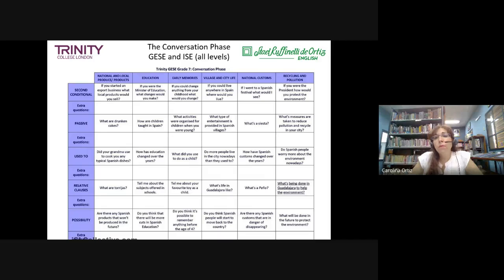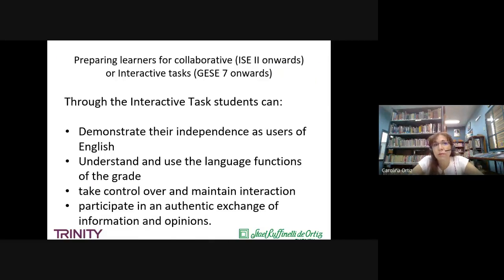If you were the president, how would you protect the environment? What are the measures taken to reduce pollution and recycle in your city? These are the type of questions that students could be asked during this conversational phase.